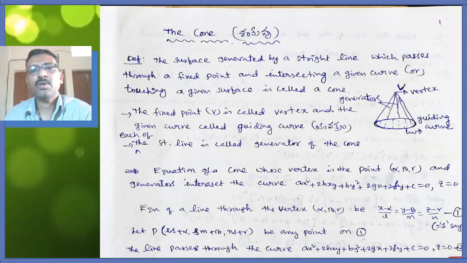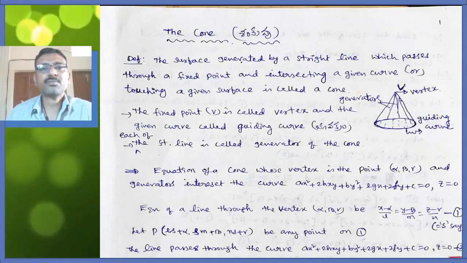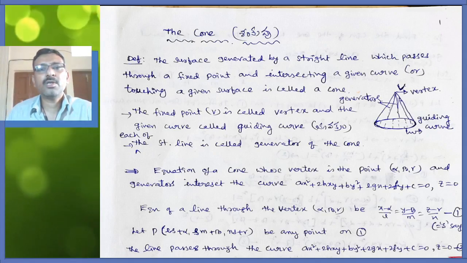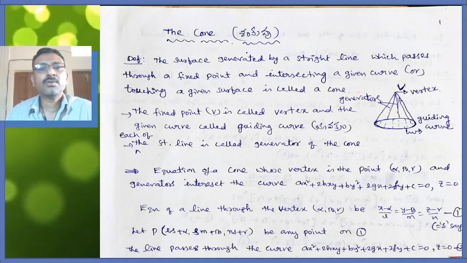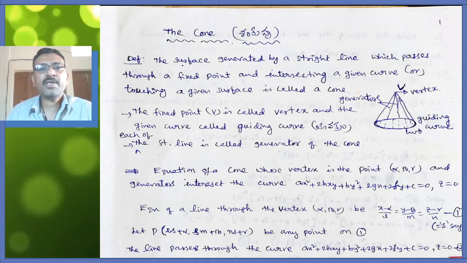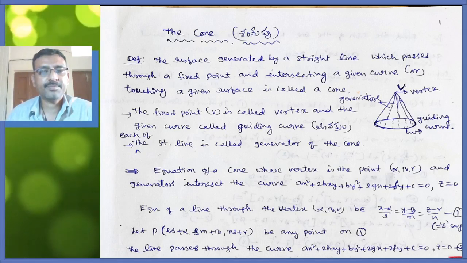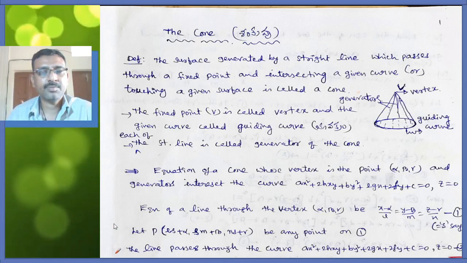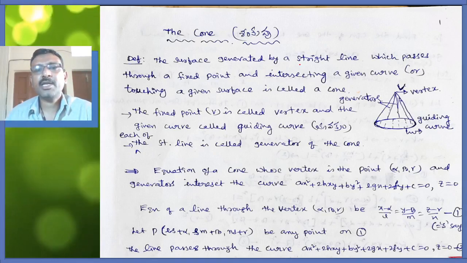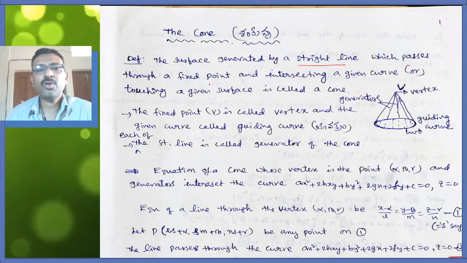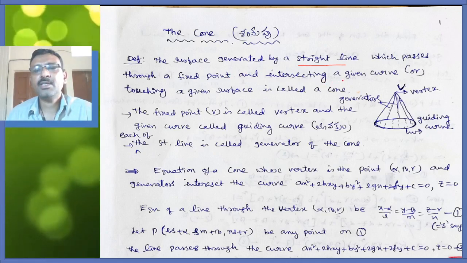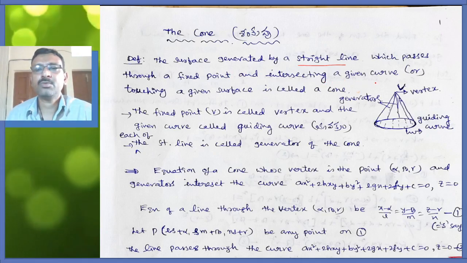Coming to the formal definition, cone in Telugu we say shinku. The surface generated by a straight line which passes through a fixed point and intersects a given curve.